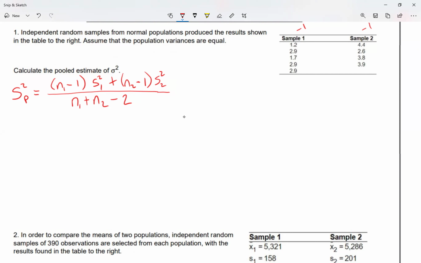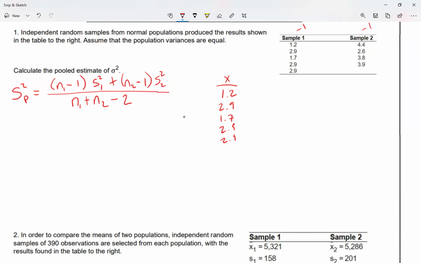So looking at sample 1, my numbers are 1.2, 2.9, negative 1.7, 2.9, and 2.9. This list, let me just call it X. Okay. Let me find out what's the average of this. We should know how to calculate an average. I'm just going to add all my numbers.